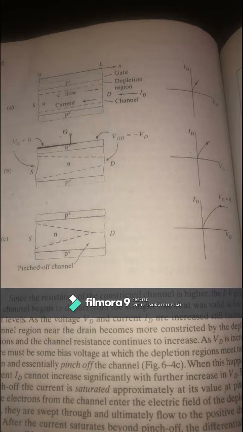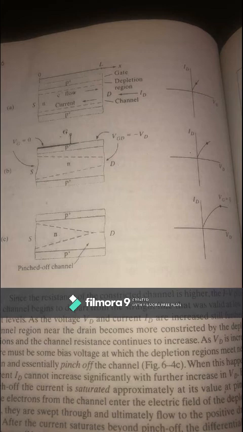It means the depletion region increases near the drain end, and at this point you will see that the current will stop increasing with the increase of voltage. At a certain reverse voltage, the drain region is totally cut off from the conducting region, and the current just levels off.